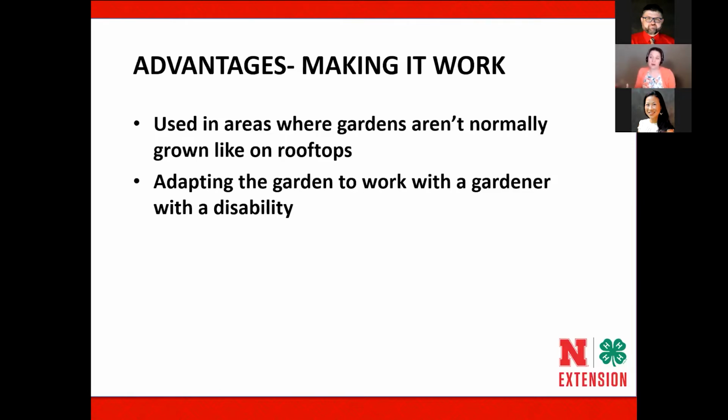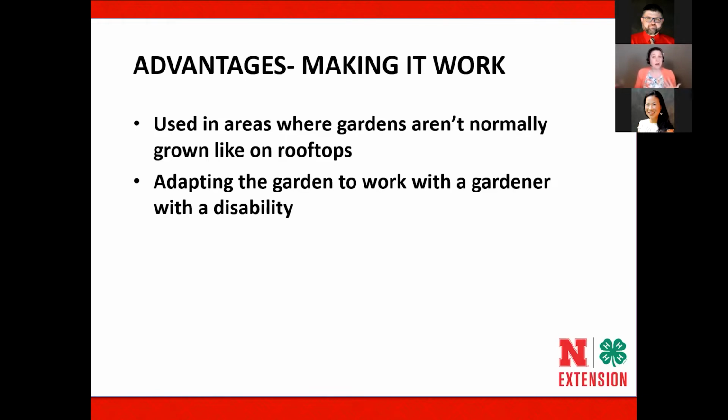It also adapts the garden to work with the gardener, whether you have a differing ability or a disability. If you love your garden but can't get down on your knees, or you just aren't steady on your feet and need to sit down, or you're not able to stand for a long period of time, you can raise that bed up high enough to work with the gardener.